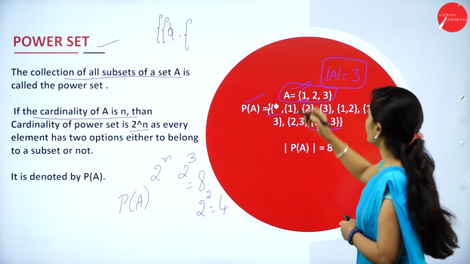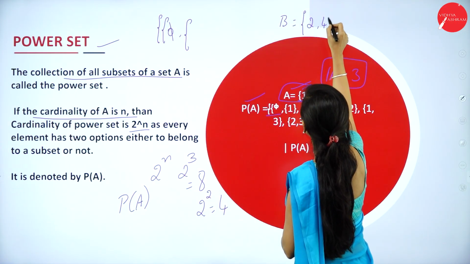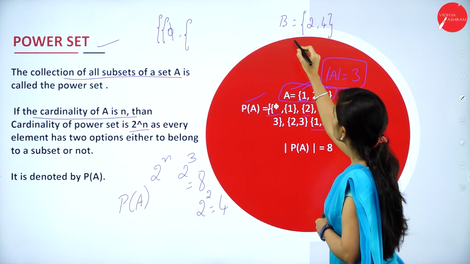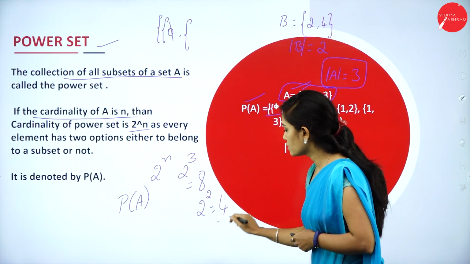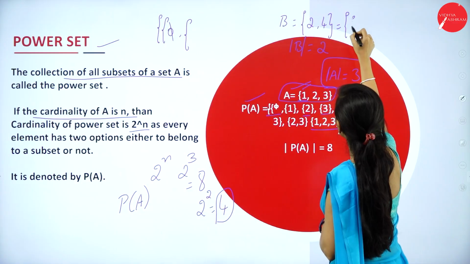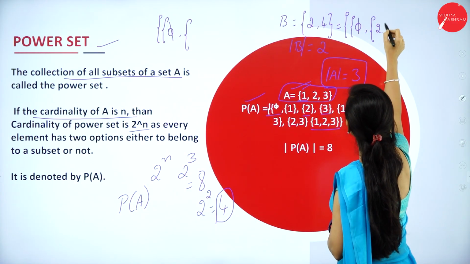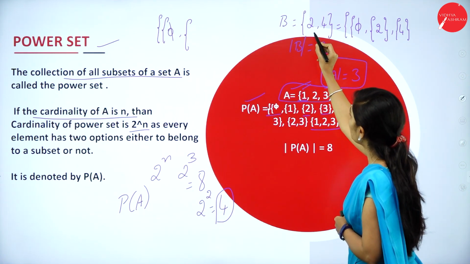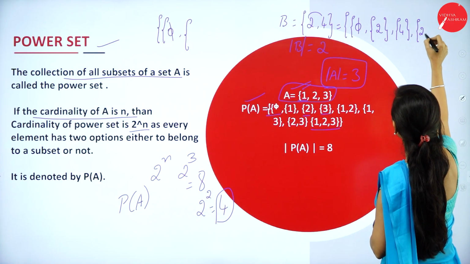I'll give one more example. If set B is equal to {2, 4}, I have only 2 elements, so the cardinality mod B is 2. So 2 power 2 means you will get 4 elements. Start with the null set, comma, the first element 2 and the second element 4, and compare the first element with the second, that is {2, 4}.